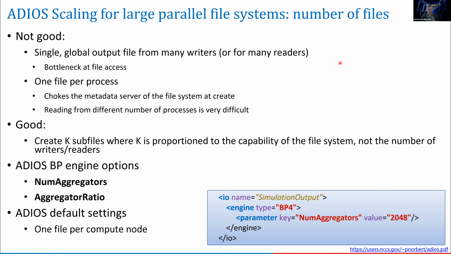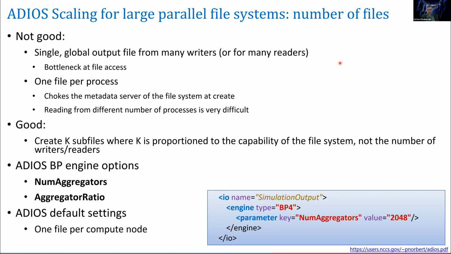But for scalability, what we mean is that the number of files has to be picked to address the file system that you are writing to, and not how many processes you have. And so in the ADIOS BP engine, you pick the number of aggregators. Like 2048 is a good big number on Summit at LCF, at Oak Ridge, but it might be much less in a different system.